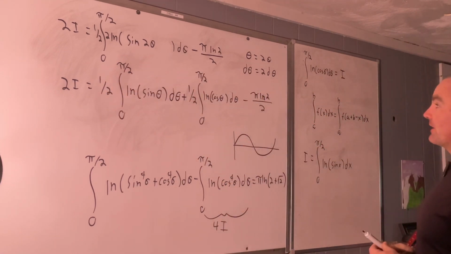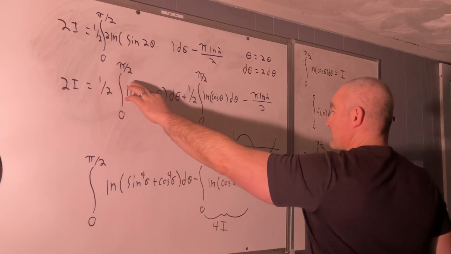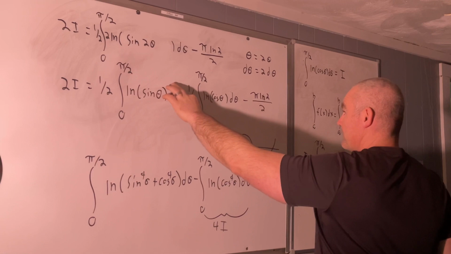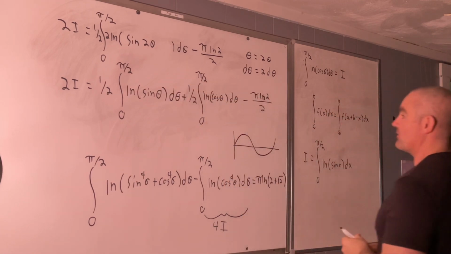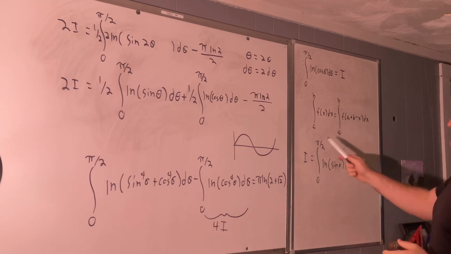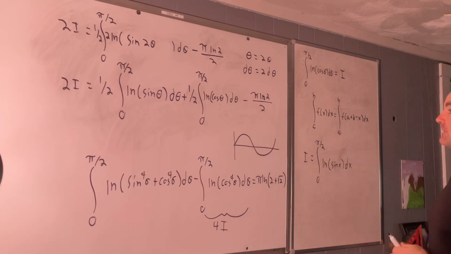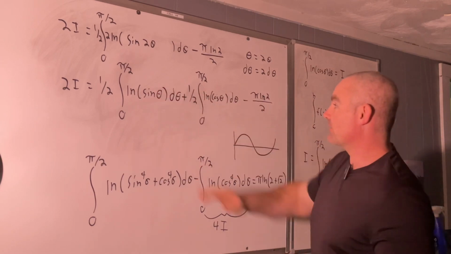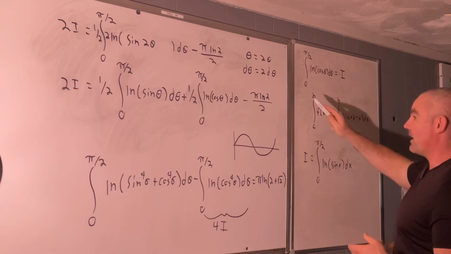Let me go over that one more time. We know that the integral from 0 to pi over 2 of the natural log of sine phi d phi is equal to the integral from 0 to pi over 2 of the natural log of cosine phi d phi, because we already showed it here. We used King's property to show that. Not only are they equal to each other, but they are actually equal to the thing that we want to find.